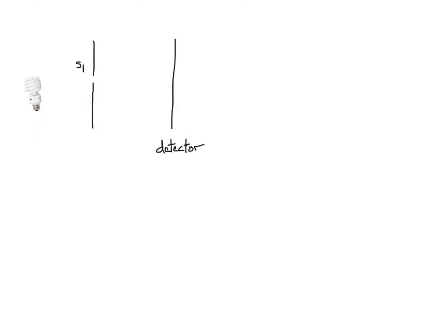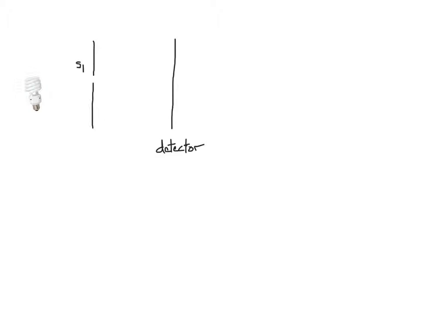In this video, we're going to discuss the double-slit experiment. This is a classic experiment that demonstrated wave-particle duality. What that means is that photons and other small subatomic particles exhibit both wave-like properties and particle-like properties at the same time.